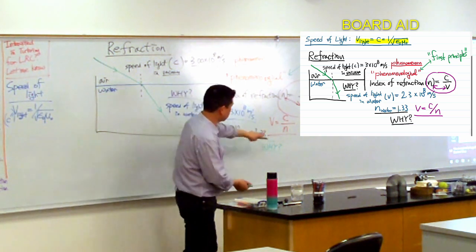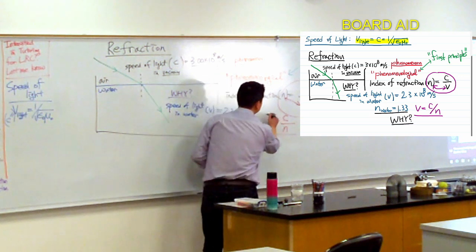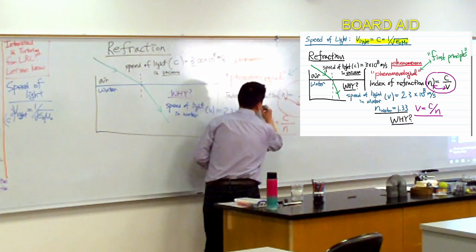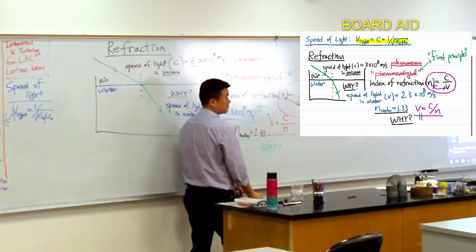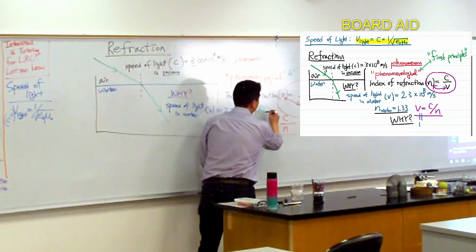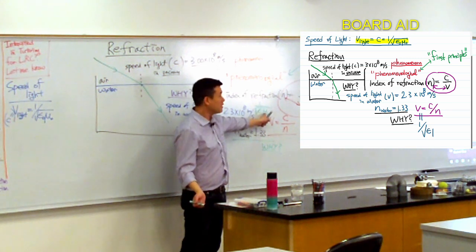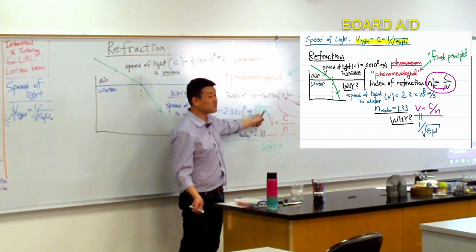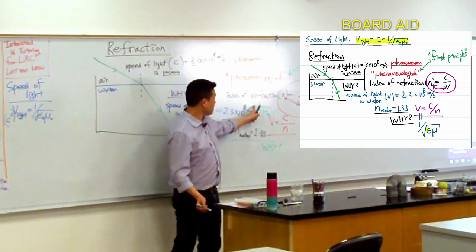You could say the speed of light in some material is equal to 1 over the square root of whatever that dielectric constant is and whatever that magnetic constant for the material is. It's often equal to mu naught. It's usually the electric constant that changes a lot. So this is the more fundamental connection.